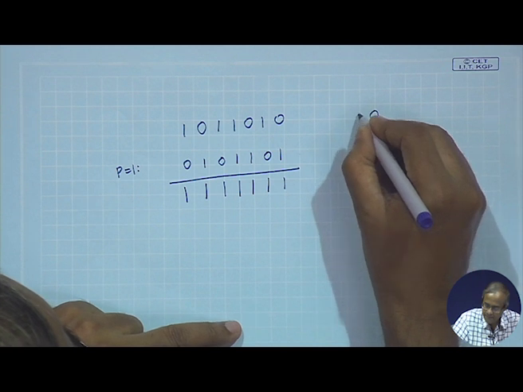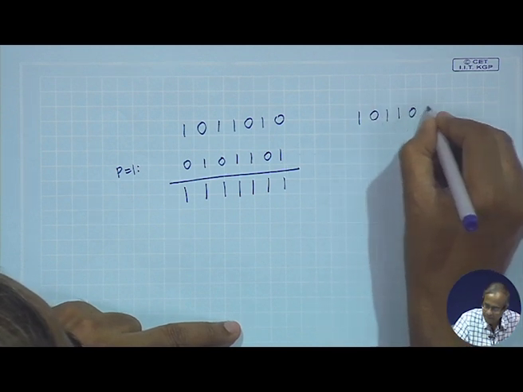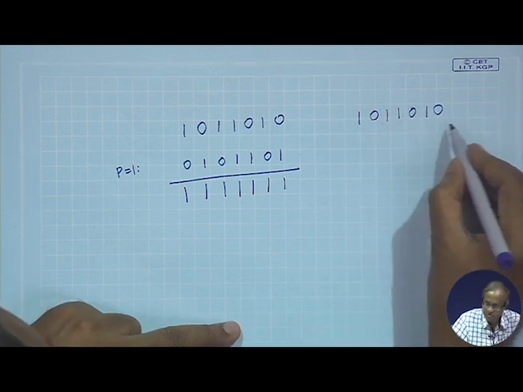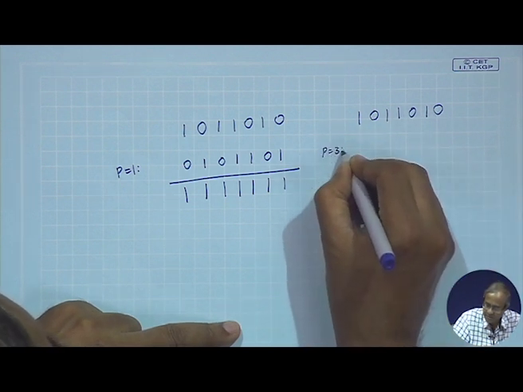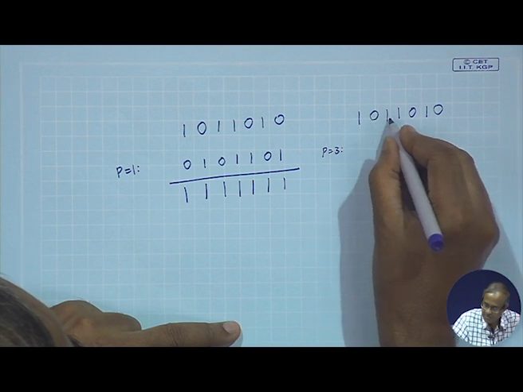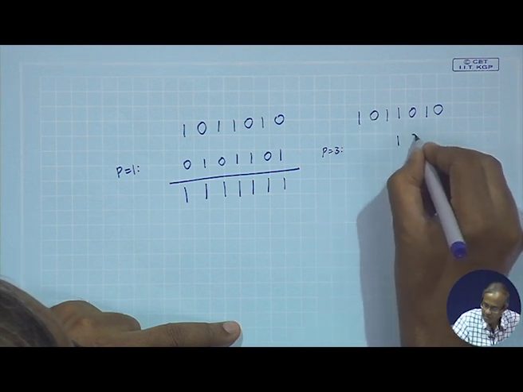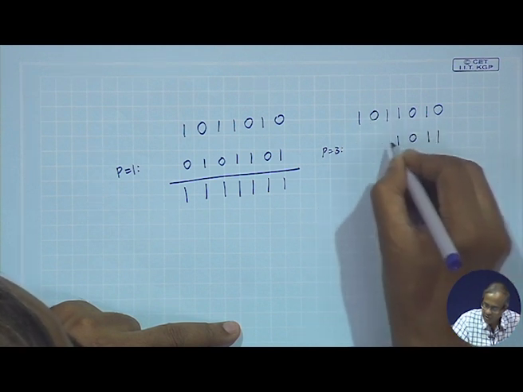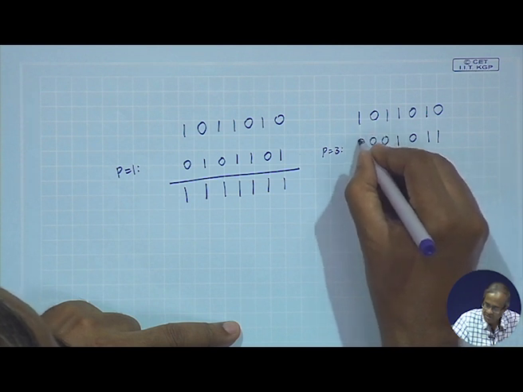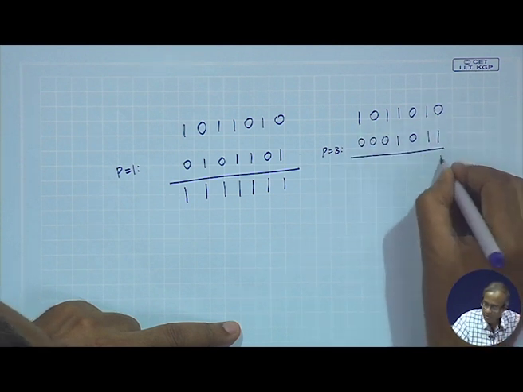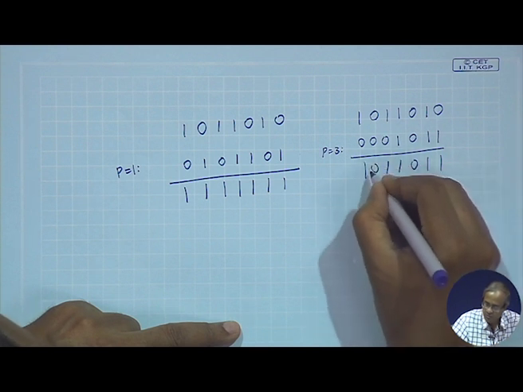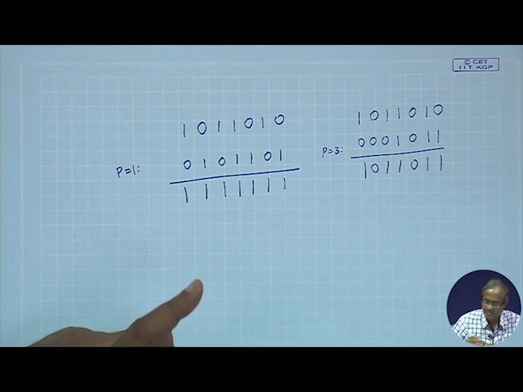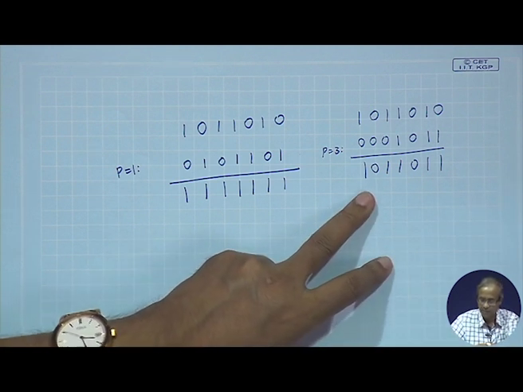Similarly, suppose I use p equal to 3, then I shift it by 3 positions. So, it will be 1 0 1 1 and there will be 3 zeros coming in. So, again do a bit by bit OR, 1 1 0 1 1 0 1, this will be my new state, right. In this way you can calculate for all.